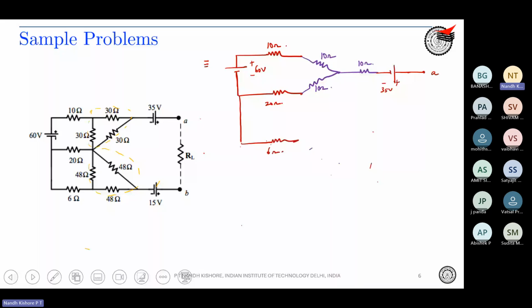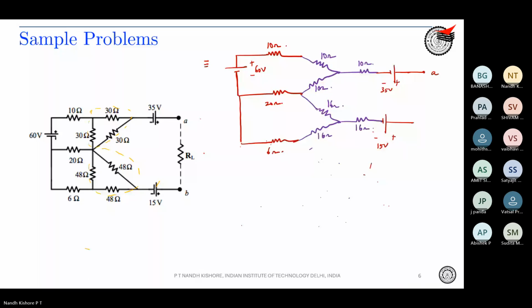Again, there is a delta to star connection, so its equivalent is going to be 48 by 3 directly, 16 ohms, 16 ohms, 16 ohms. So this will be B. We have already simplified these. Anyway, I'm just redrawing it.